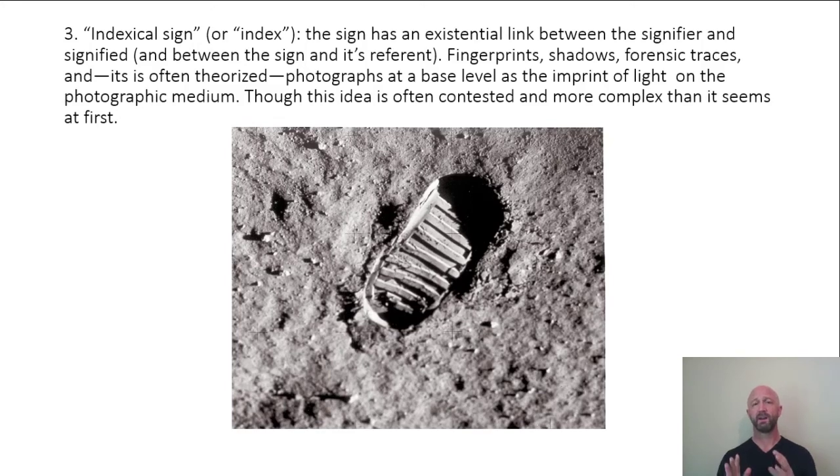And in the same way, though a photograph, at least in the early days of filmic technologies, was created by light passing through an aperture and imprinting itself on the photographic medium, all it really is an index of is that that photograph was pointed at something that then was captured on the actual filmic media.